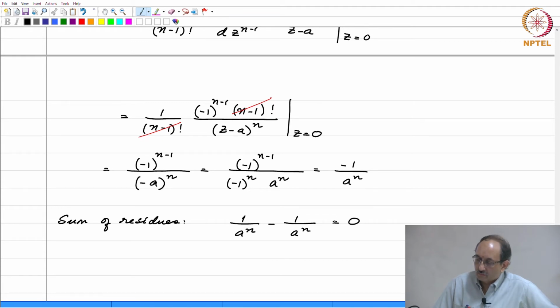So, now we have indeed shown the final answer is a to the n u of n. We saw it was a to the n for n greater than or equal to 0, and when n is less than 0, the contour integral gives us residues which add up to 0 for any negative value of n, and hence x of n is indeed a to the n u of n.